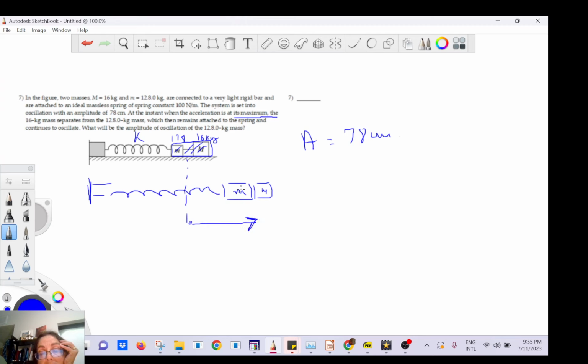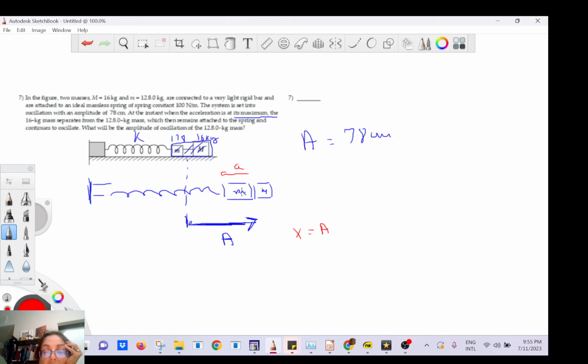So somewhere you have the center of mass. The maximum acceleration happens when you have the maximum restoring force. So when x equals A, that's when they split apart.